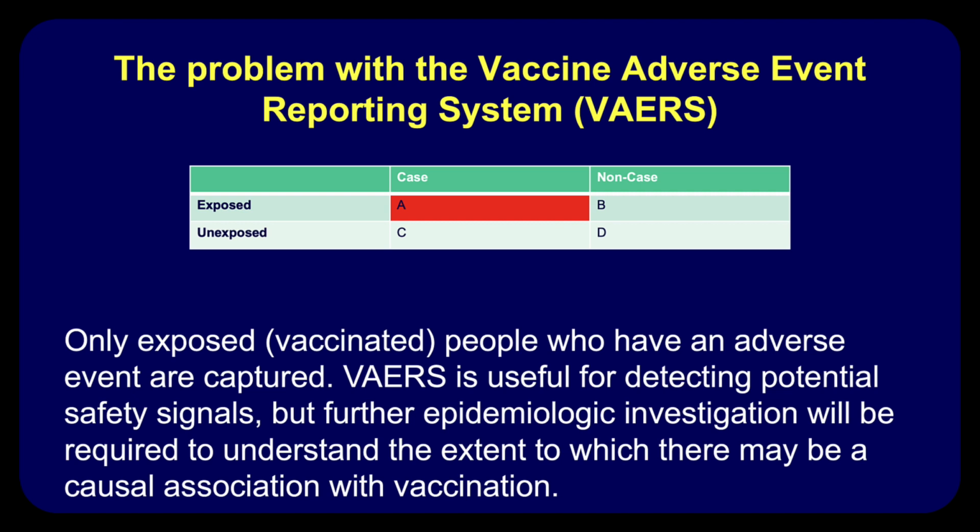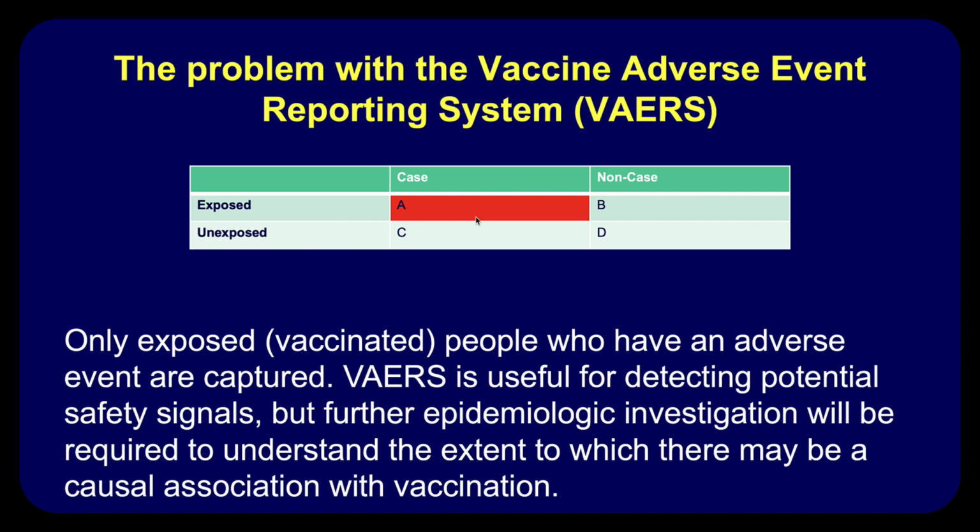And so, you probably already have a sense of this, but the problem with VAERS, using VAERS alone to do this kind of analysis, is that of the 2x2 table that we all know very well, exposed and unexposed, cases and non-cases, really only cell A here is represented in VAERS.